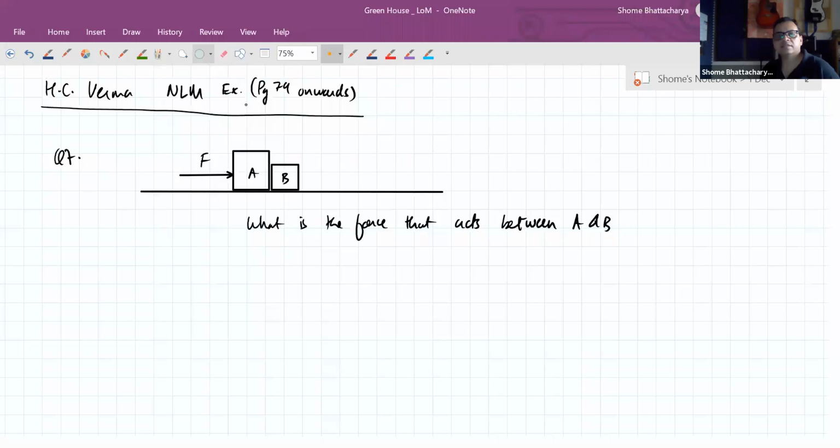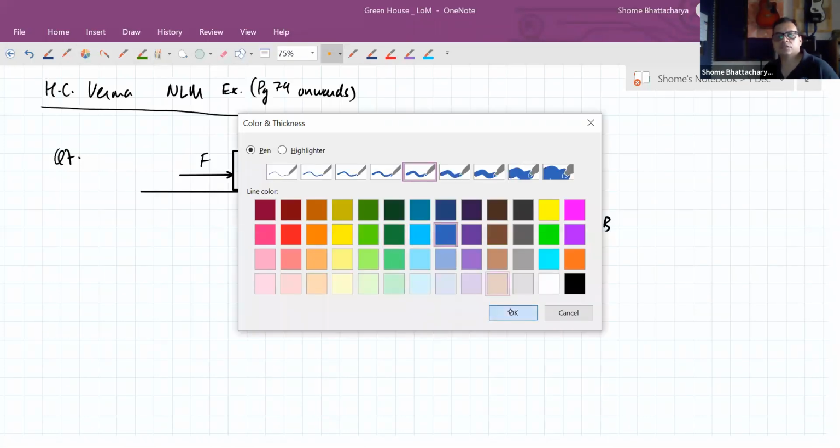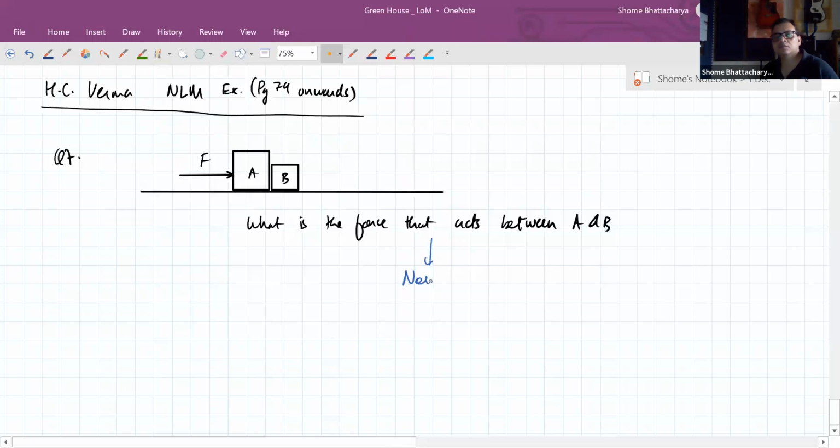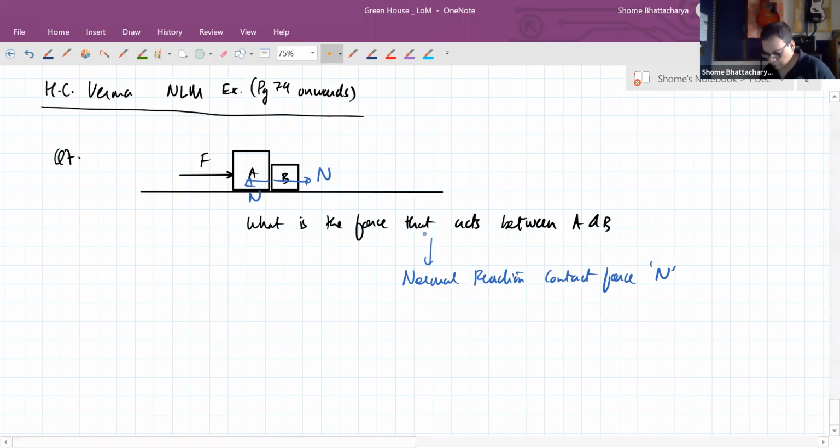So the answer to that is a normal contact force. The answer is that it is a normal reaction contact force. Let's say N, that will act in this manner. A will push B and B will push A backwards like this. So no numerical analysis is required, just this is required.